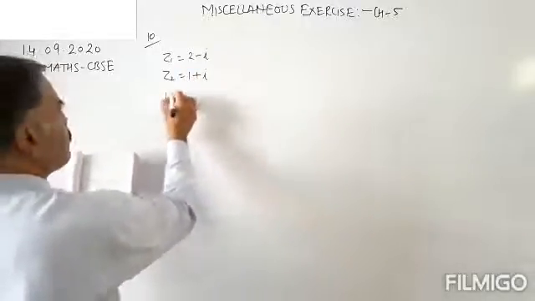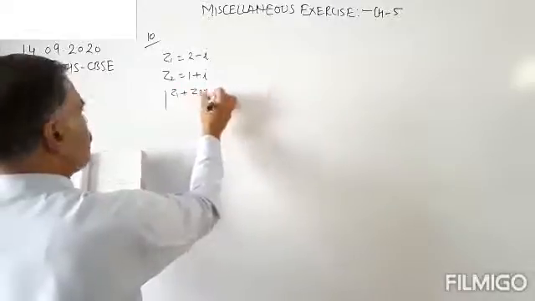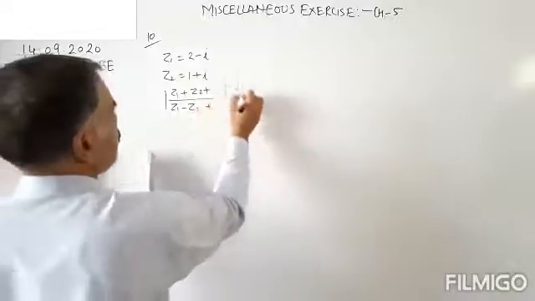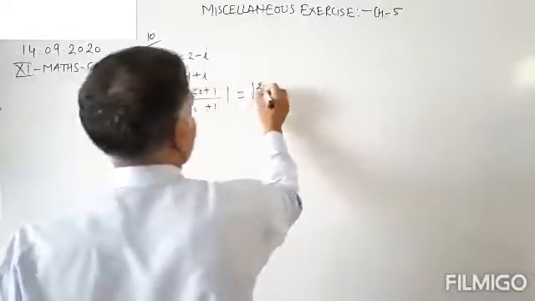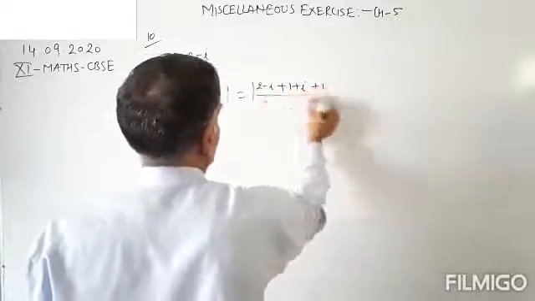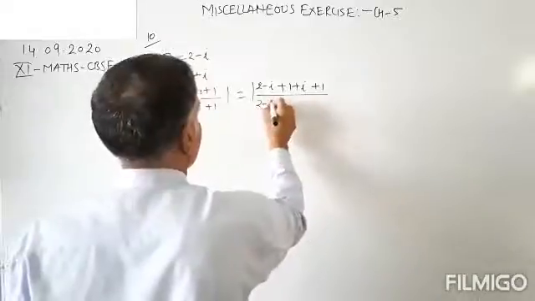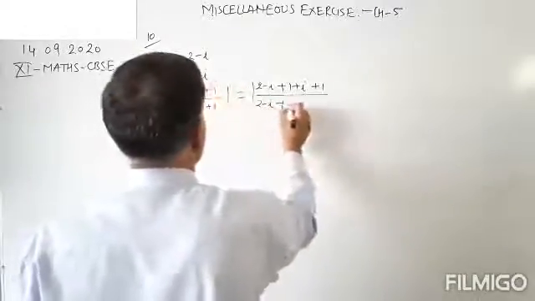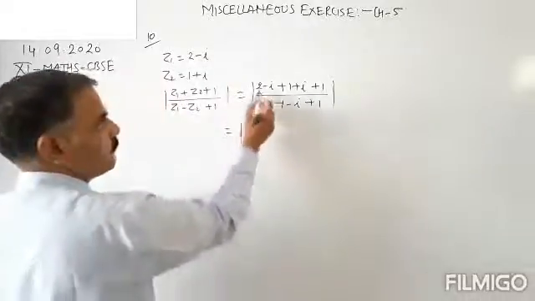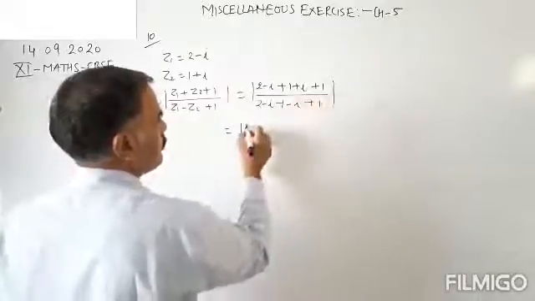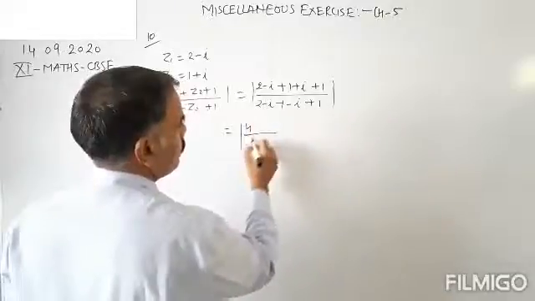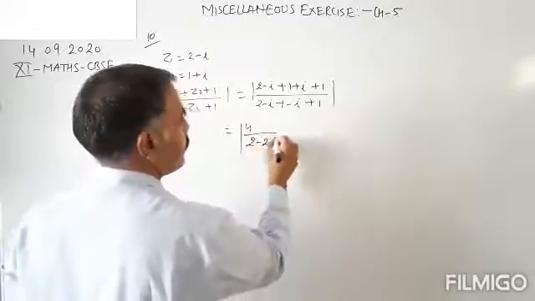Find the magnitude of (Z1 plus Z2 plus 1) upon (Z1 minus Z2 plus 1), which is (2 minus iota plus 1 plus iota plus 1) upon (2 minus iota minus 1 minus iota plus 1), that is 4 upon 2 minus 2 iota.